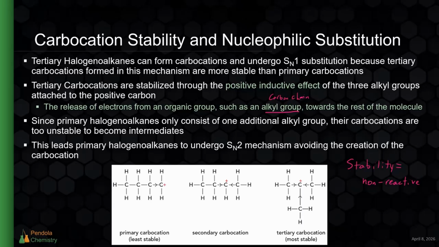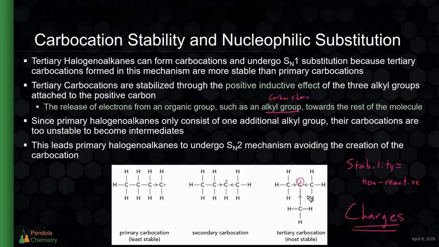And what is the main thing that causes things to react in chemistry? Charges. Charges attract electrons. Positive charges attract electrons. Negative charges repel electrons. So charges make things more reactive. So what happens here? Why is a tertiary carbocation more reactive? Or sorry, less reactive. Why is it more stable?